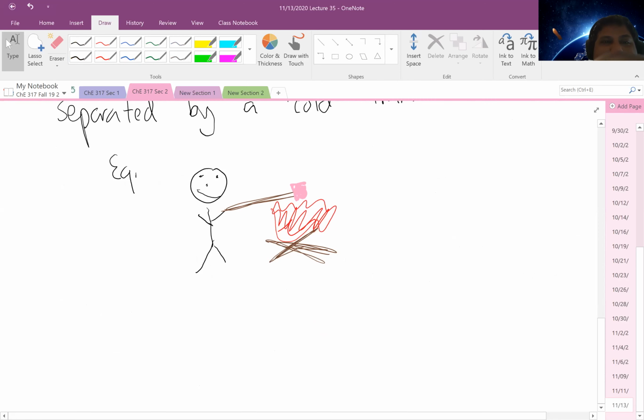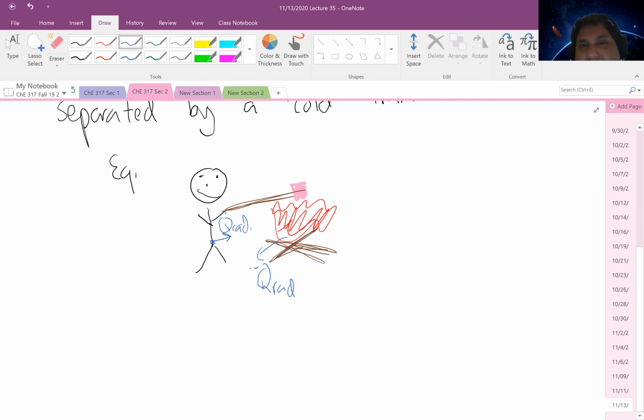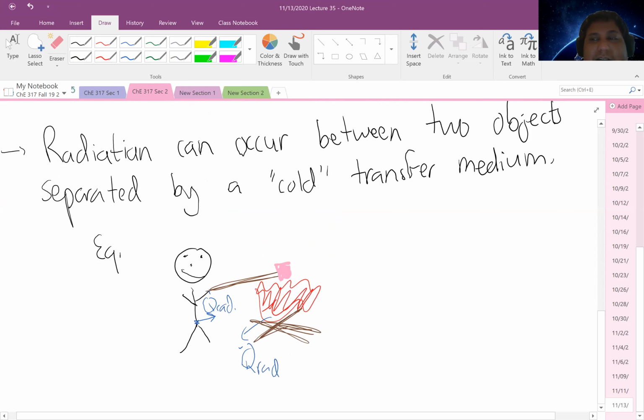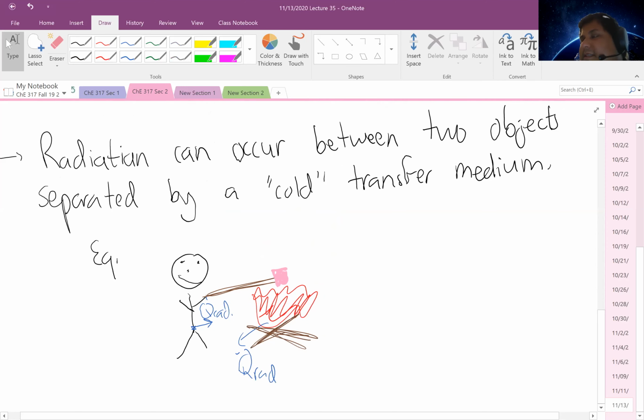What we find is that we can have radiation heat transfer in both directions, from the fire to the person and from the person to the fire, irrespective of the transfer medium as well as the temperature of the transfer medium. Which is why when you're out in the woods and it's cold, standing by a fire gets you nice and warm.